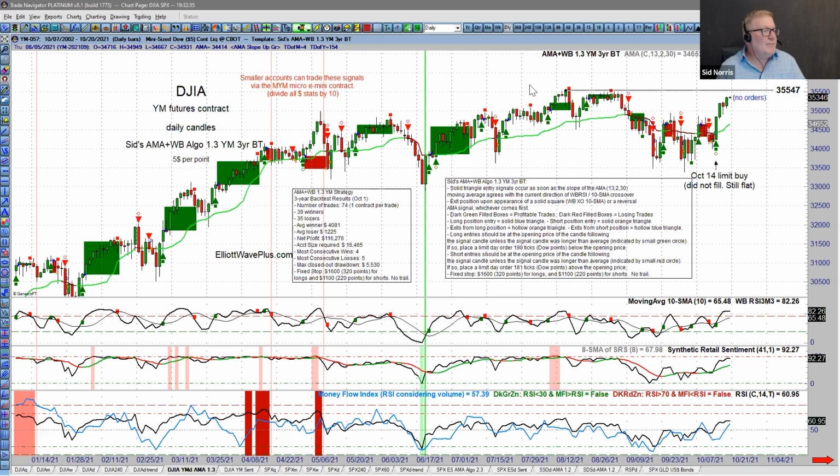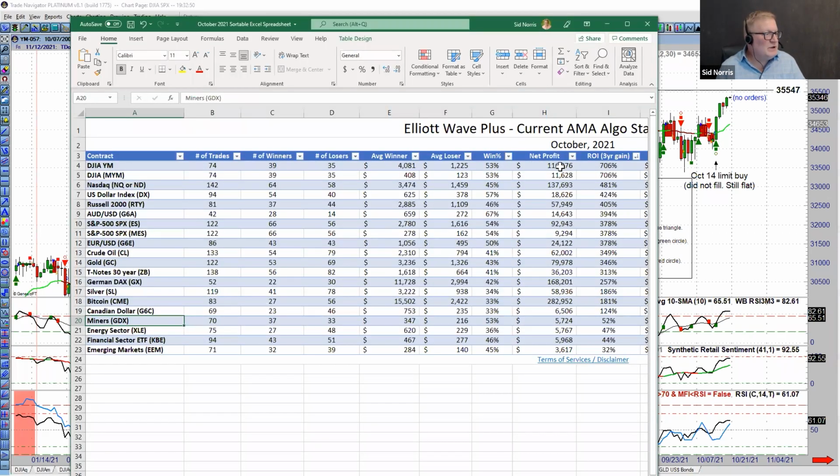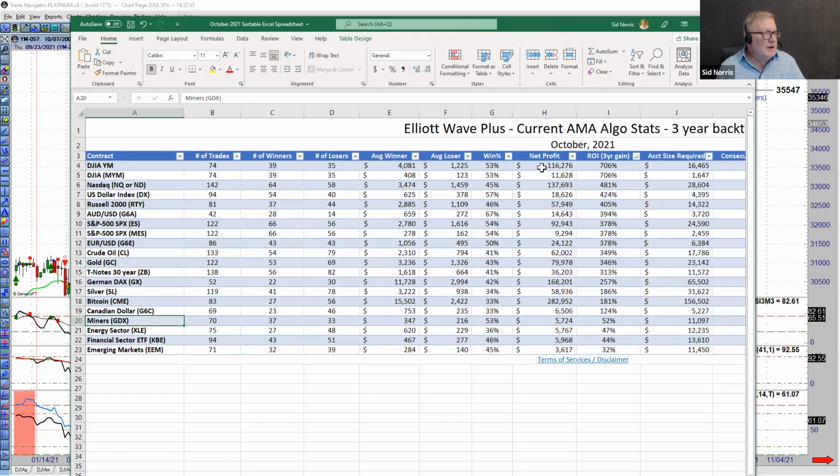And yeah, they might win 80% of the time, but when that stop does get hit, it can erase everything you made on the last 10 winners. So winning percentage does not equate directly to profitability in an algo.